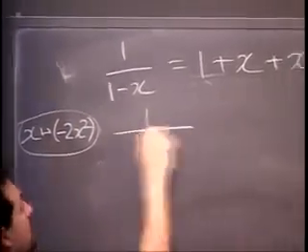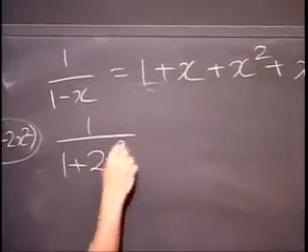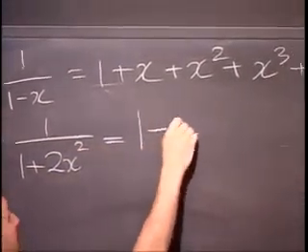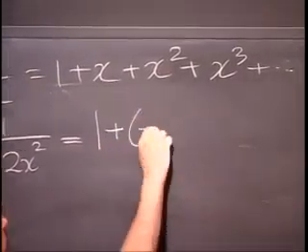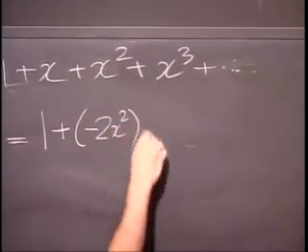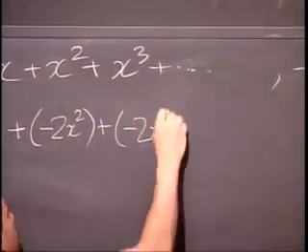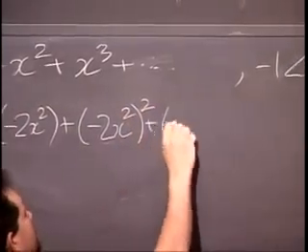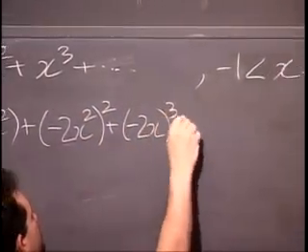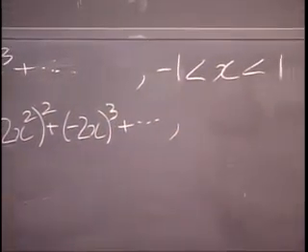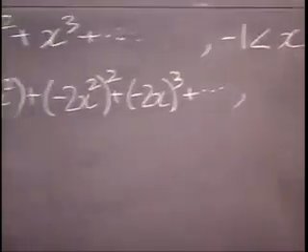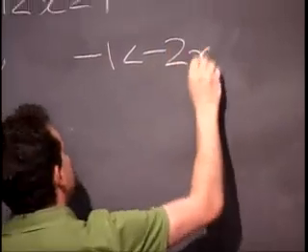And so we get 1 over 1 plus 2x squared is equal to 1 plus -2x squared plus -2x squared all squared plus -2x squared all cubed plus ... This is true when -1 is less than -2x squared is less than 1.